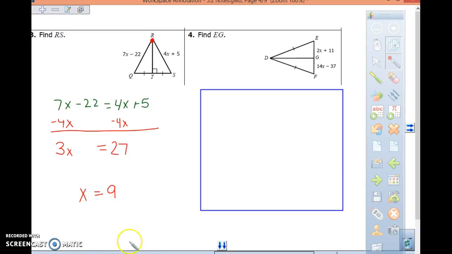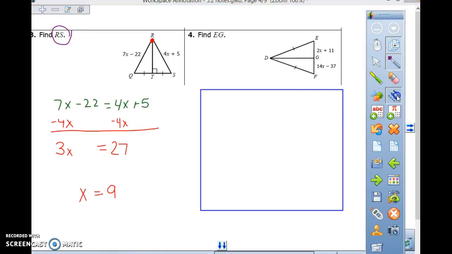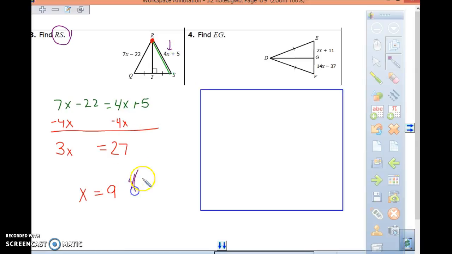Dividing, and we get 9. Pay attention to the question, though. It's asking for the length from R to S. So I have a step of work to do. I know that x is 9. So on my calculator, 4 times 9 plus 5, or in your head, you're getting 41.